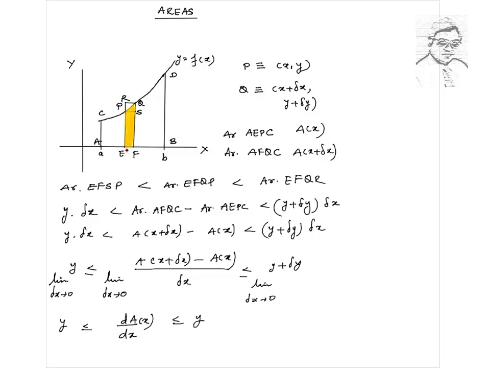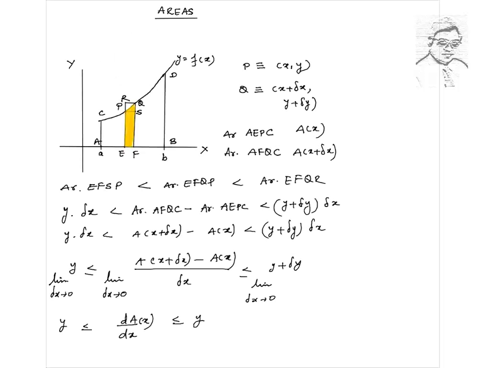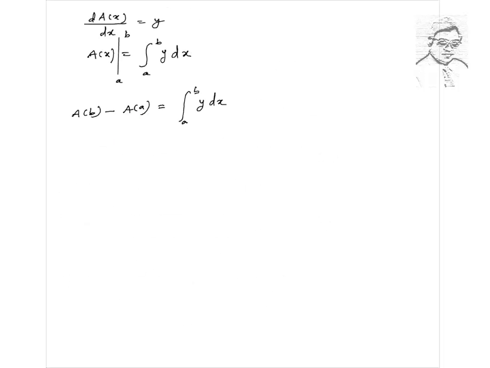And now we are saying x is A, x is B. x is B means here. x is A means here. So obviously it will be this area, A of B minus A of A. It will be this area, ABDC. And that is given by the integral from A to B of y dx.